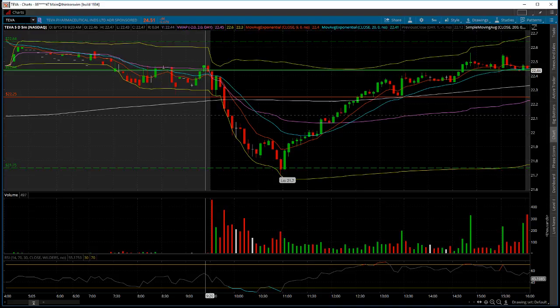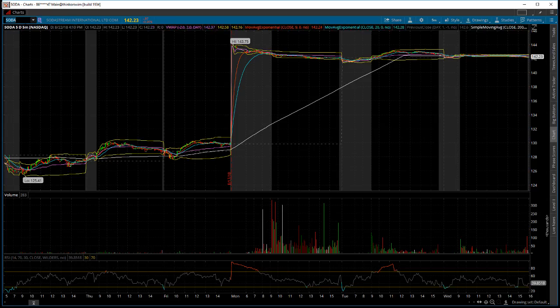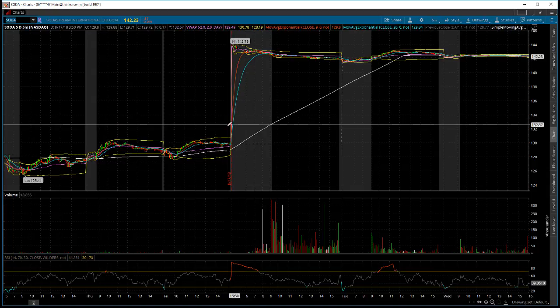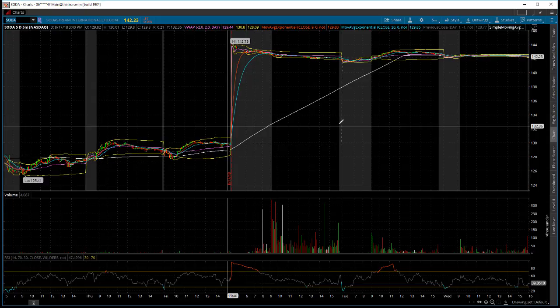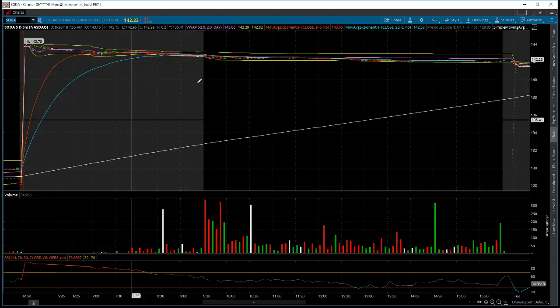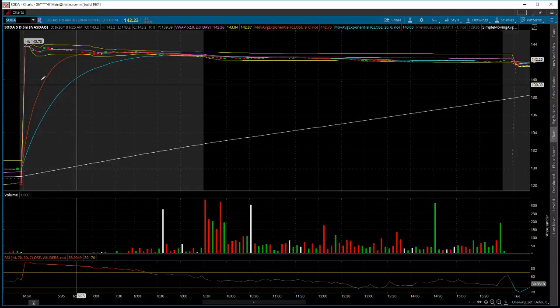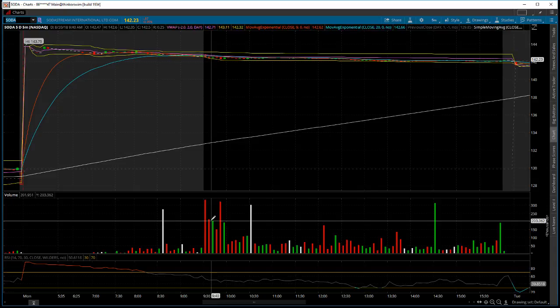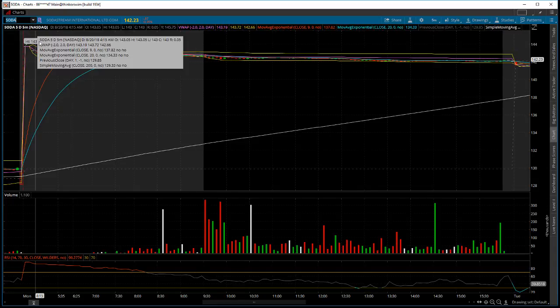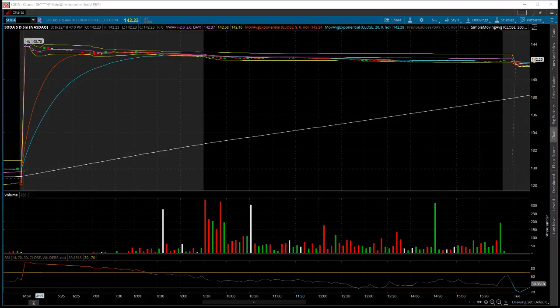All right, so let's look at the trade from Monday. All right, so here is a trade from Monday. I think this was a buyout, so we can't deal with that. Let's see if there's another. Can't deal with any buyouts here.